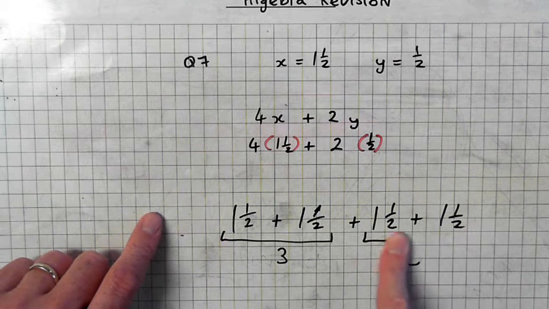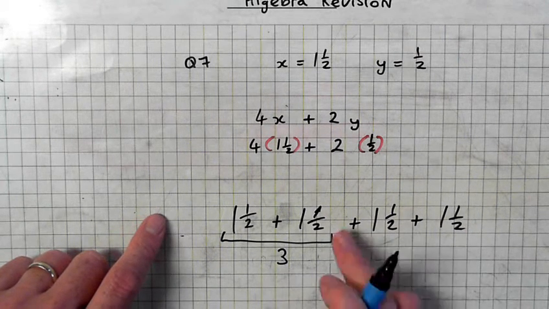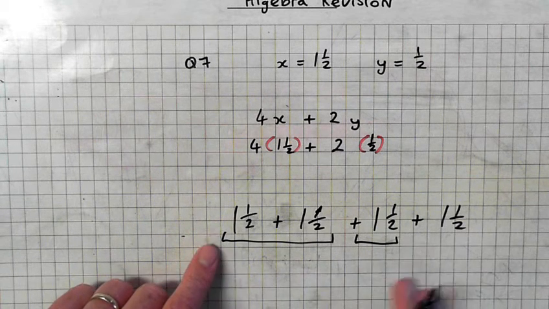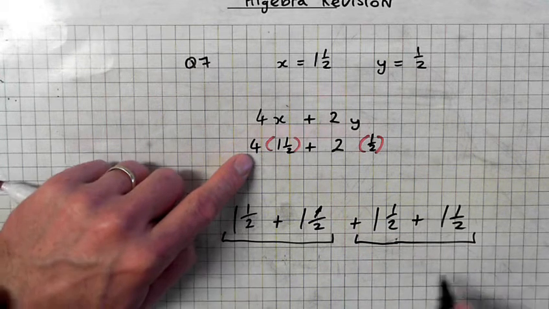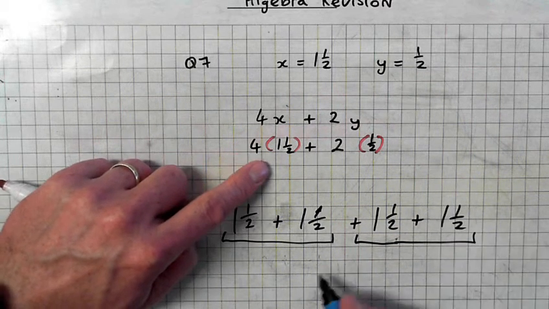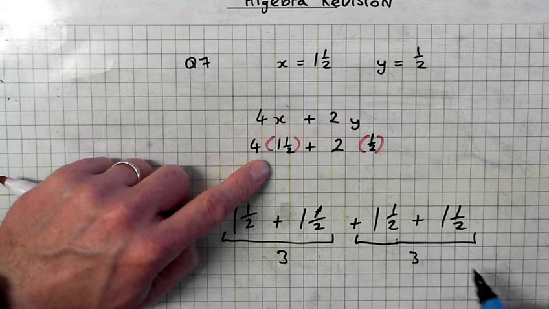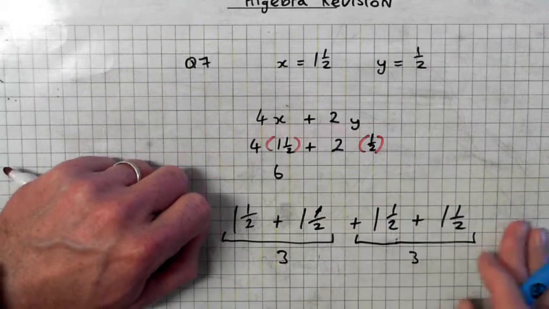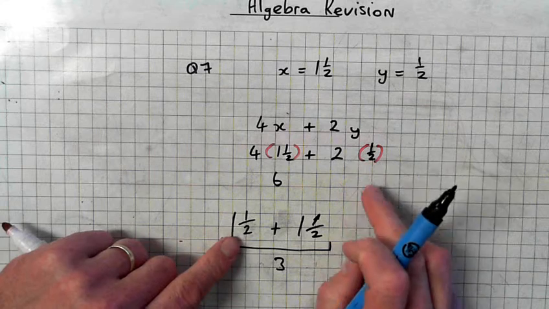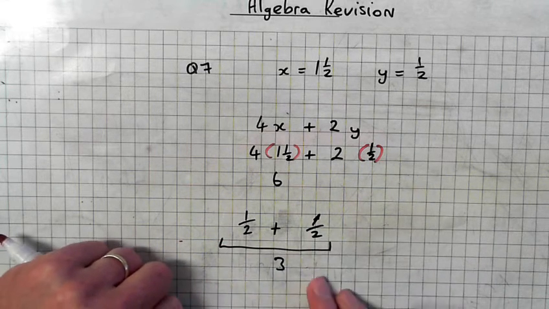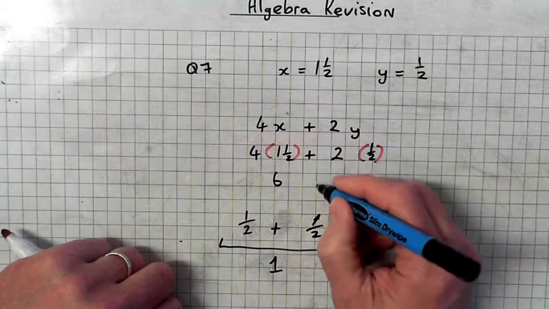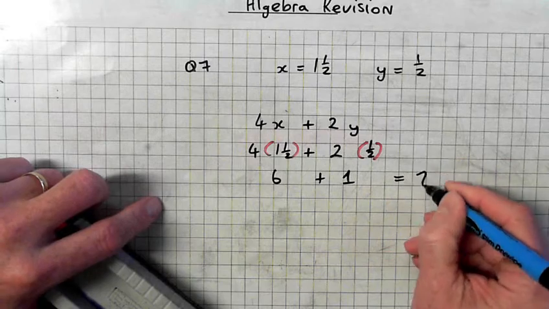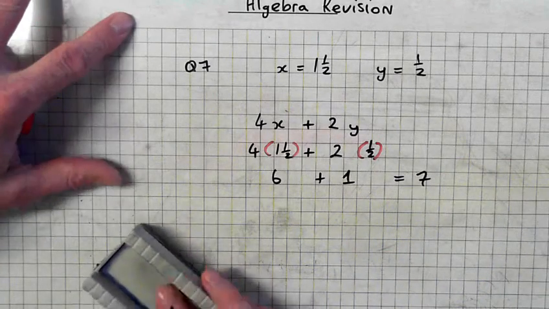So 4 1.5s add up to 3 plus 3. You get that? 6. Do you understand that? And then 2 halves. 2 halves is 1. So it's 6 plus 1. The answer is 7. And we'll have a look at another one of those.